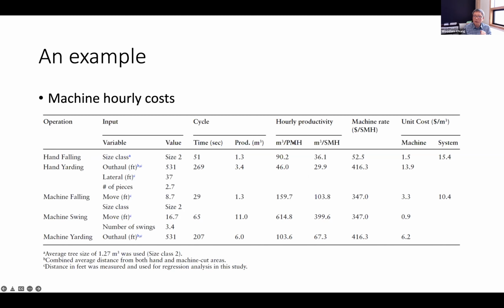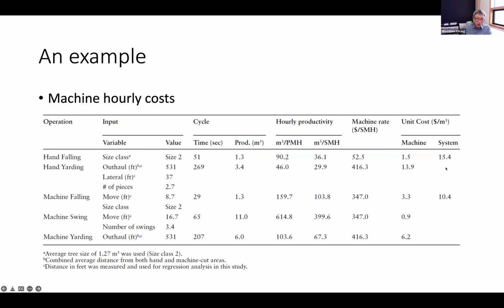And then this is productivity that we get from time study. So this shows us the productivity for each operation. So again, combining these two pieces of information, we can get the system treatment cost like this. So if you use hand cut and then cable logging after that, the cost would be about $15 per cubic meters.